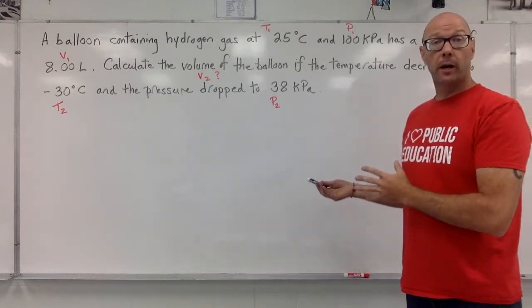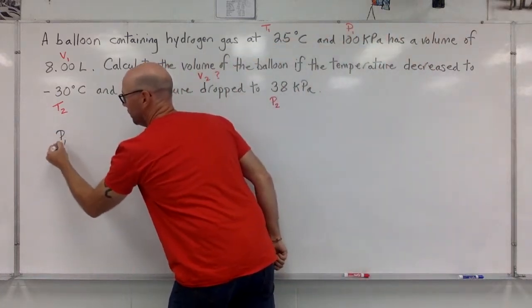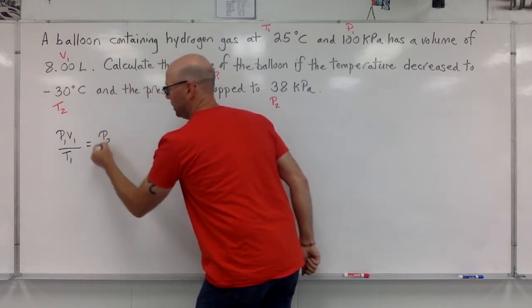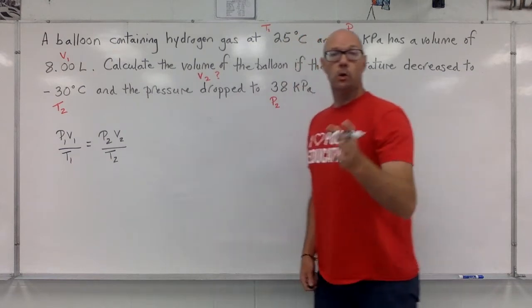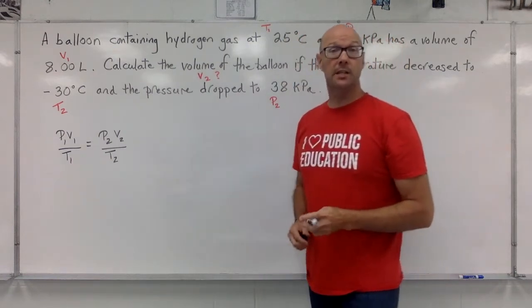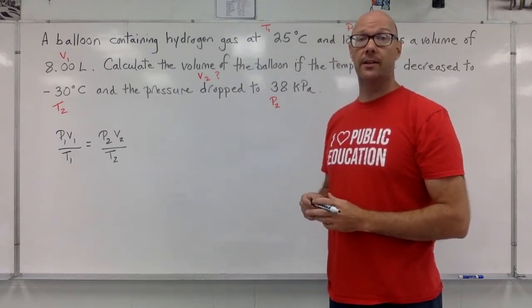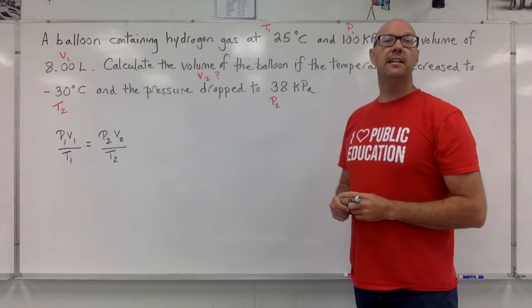Once we have those labels done, start to think about the formula. If you feel comfortable writing it down, do it. You don't have to. It's P1 V1 over T1 equals P2 V2 over T2. Your personal style, maybe you don't need to write that down. Maybe you do. Do what you need to do to figure out the answer. We need to manipulate this equation in order to isolate V2.